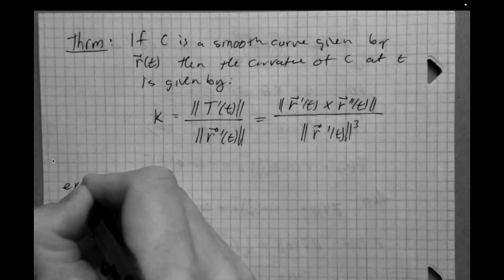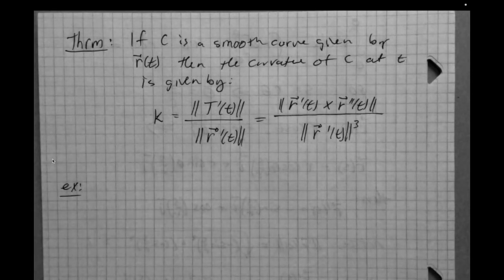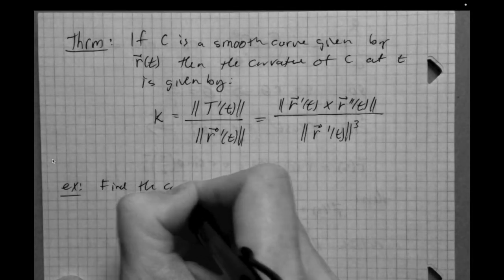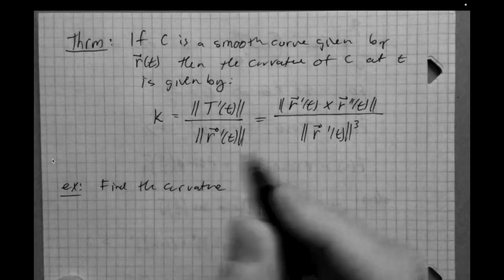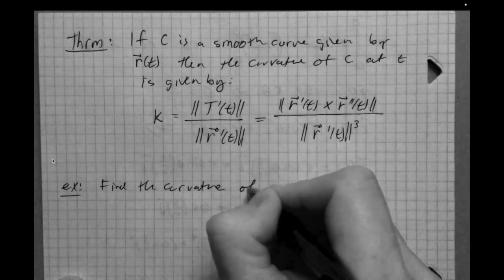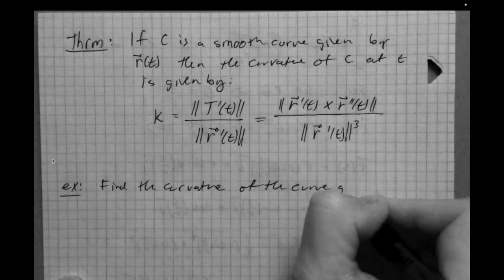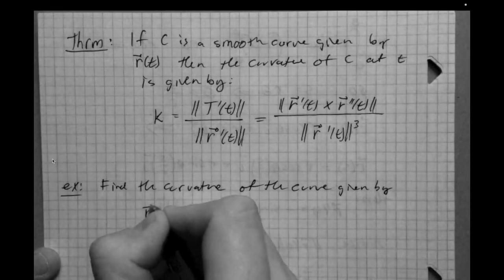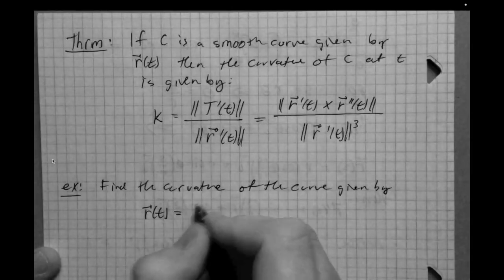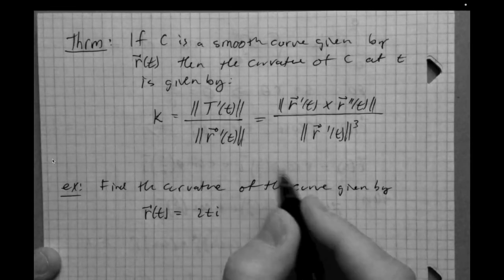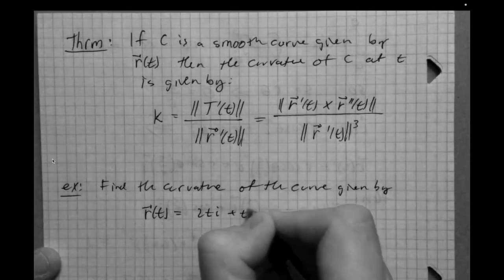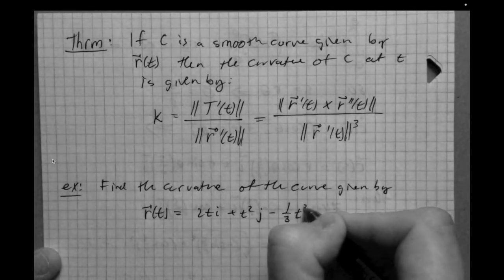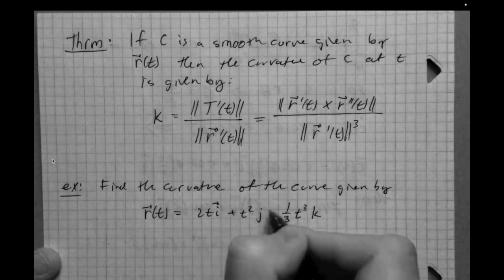Let's take an example here. Let's find the curvature of the curve given by r of t equals 2t i plus t squared j minus 1/3 t cubed k.